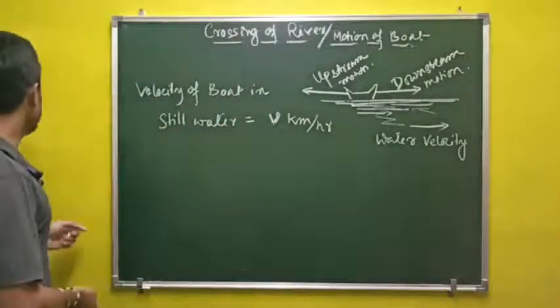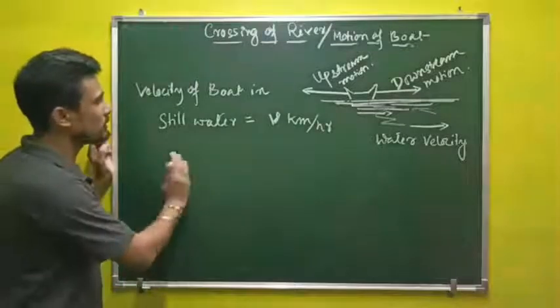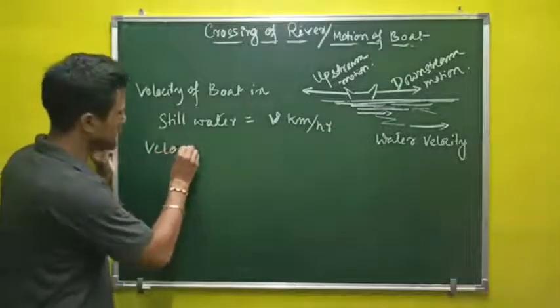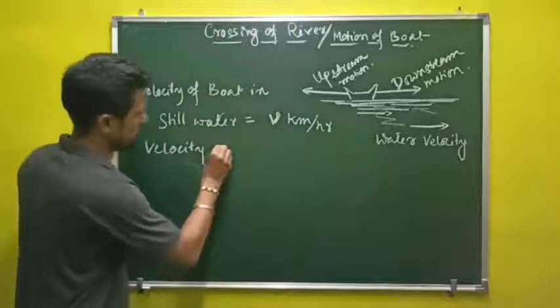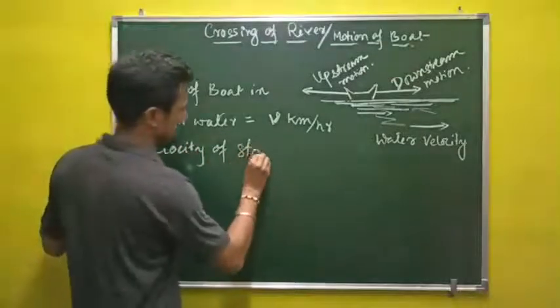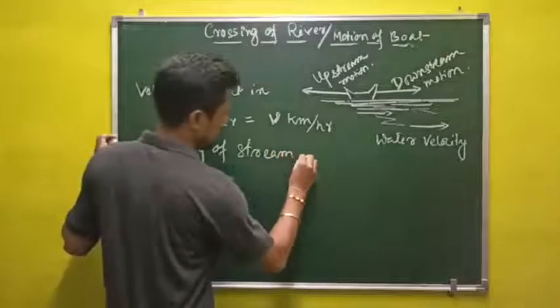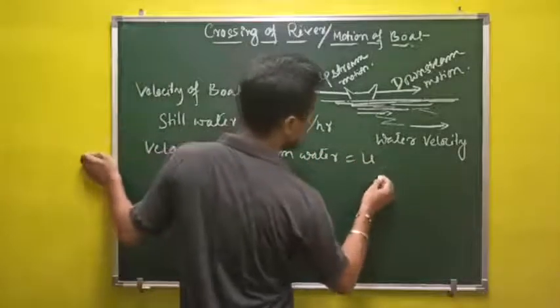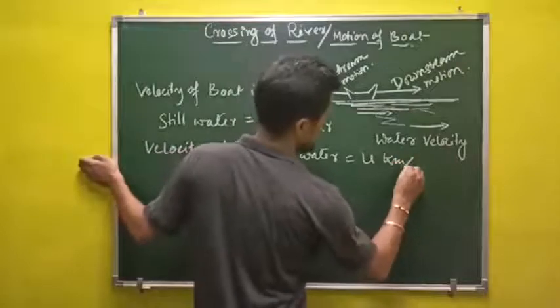Then you consider the velocity of the stream water. It is u kilometer per hour.